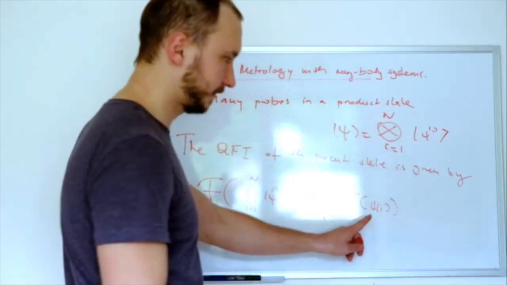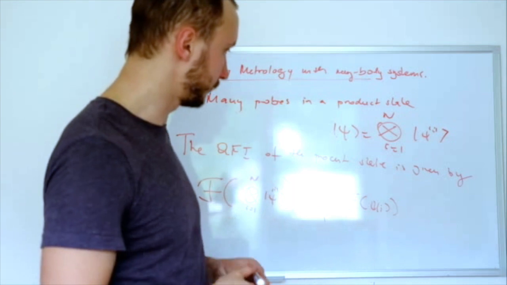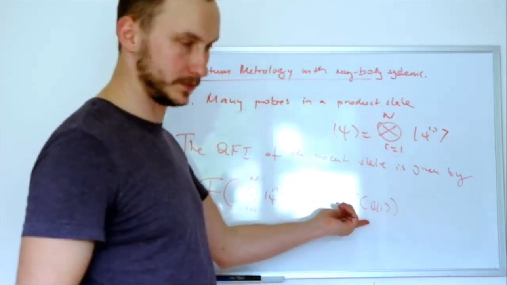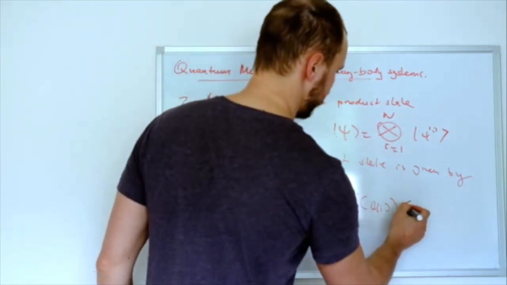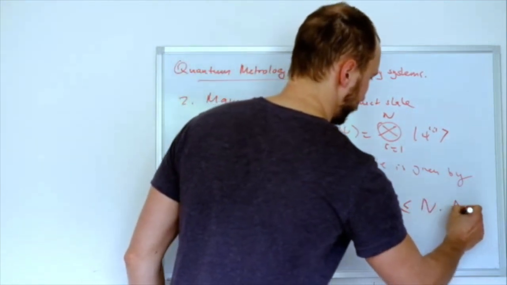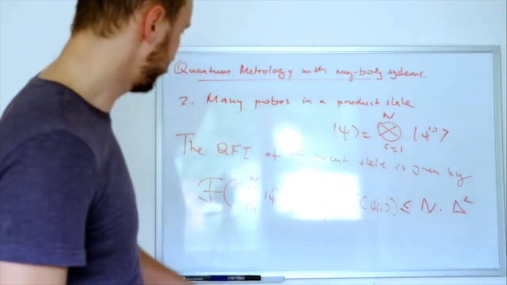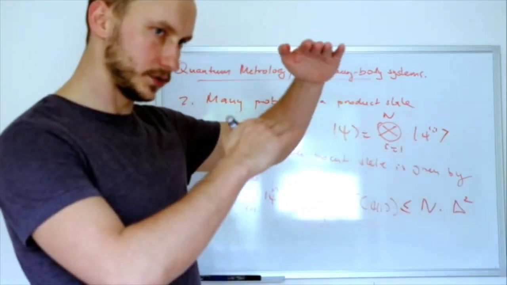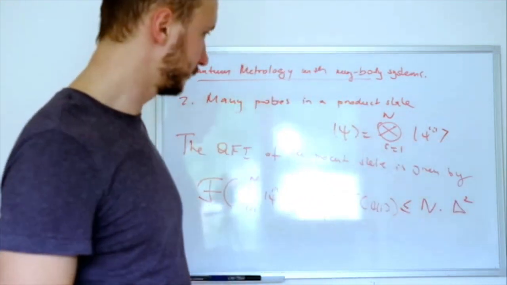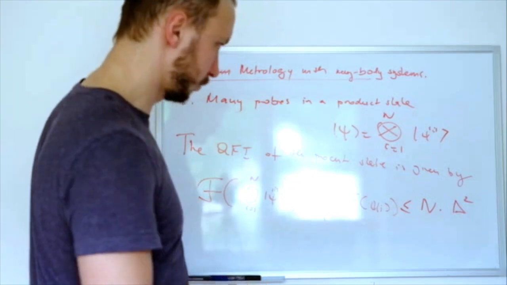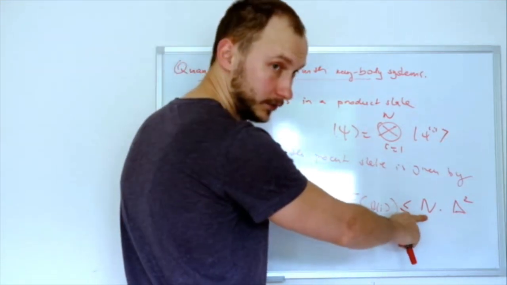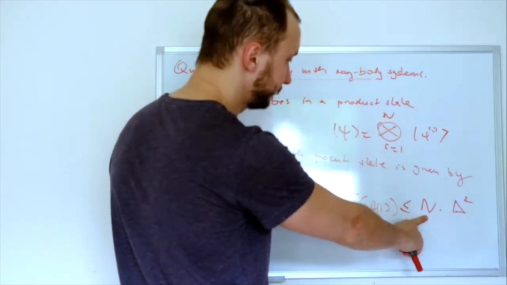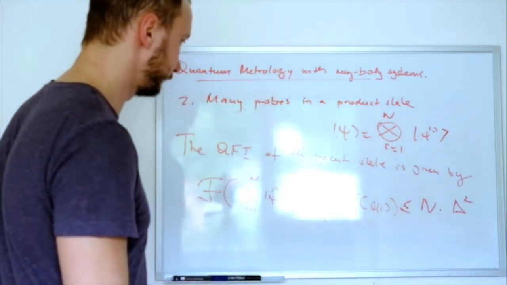And clearly now we identify the best one. To optimize the product state, we just optimize each individual component, and then we get that this is smaller than or equal to n times delta squared, where delta squared was precisely the spectral range of the local Hamiltonian for each particle. This is the important thing. If you have a product state, the Fisher information just scales linearly with the number of particles. That's the thing to remember.